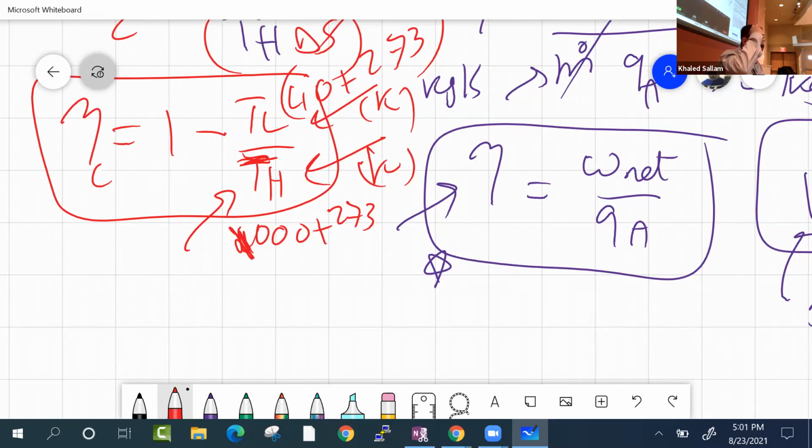They are not that widespread, but a fuel cell is not a heat engine, and so the efficiency of a fuel cell can be higher than the Carnot cycle. But a diesel engine, gasoline engine, gas turbine, or steam power plant cannot exceed the Carnot cycle. Right? Make sense? Very good.